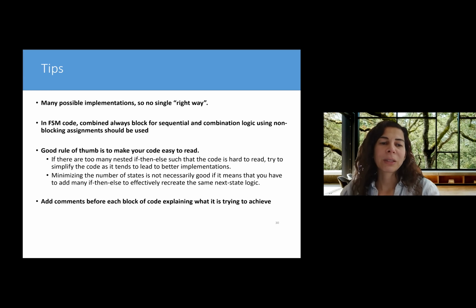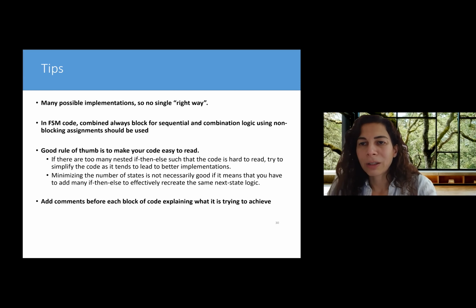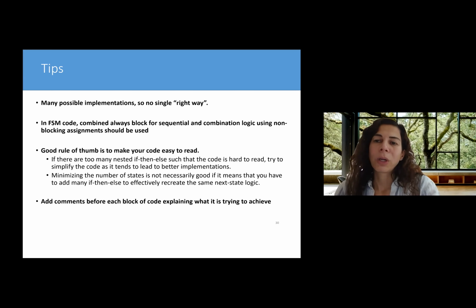And in the final state machine code, you have to use combined always blocks for sequential and combinational logic using non-blocking assignments. Also, in this project and in any project that you do, the most important thing you can do to help yourself both to learn and to have clarity and a usable design is to make sure that your code is very readable.